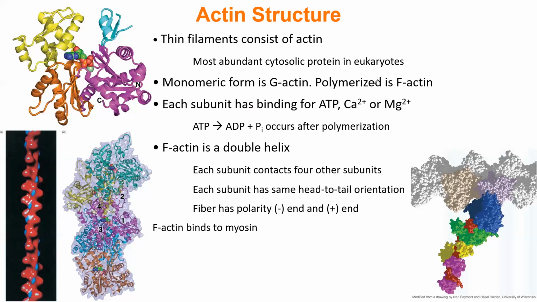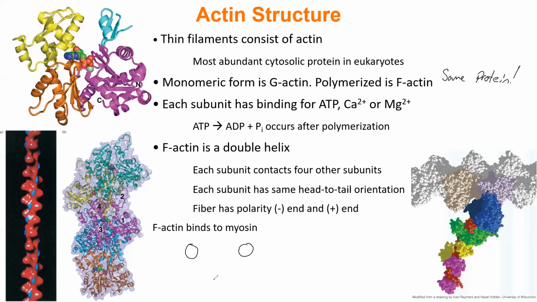And this is the confusion I've seen every semester that I've taught this, but G-actin and F-actin are the same protein, right? It's not like you have two different genes. You don't have a G-actin gene or an F-actin gene. What the G and F stand for is just what state of actin we're looking at.